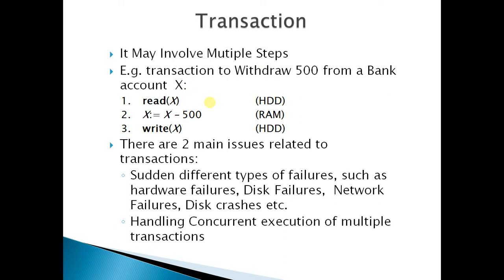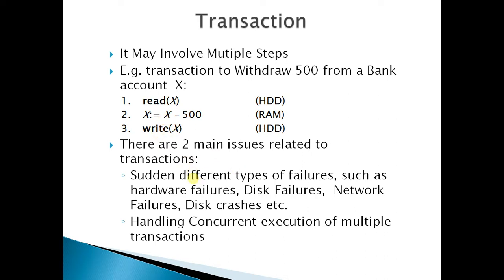Then change the amount by 500, that is reduce 500 from it. It may take place inside RAM. Then write back the value of the account balance. So these three steps make up a complete transaction. Although in real programming there will be many more steps, here we have taken only three for illustration.